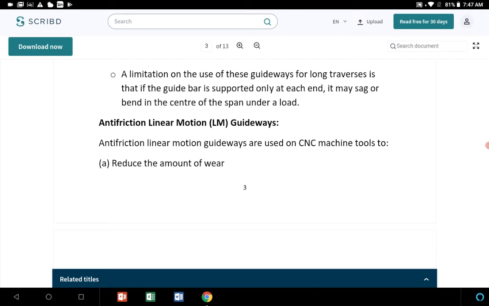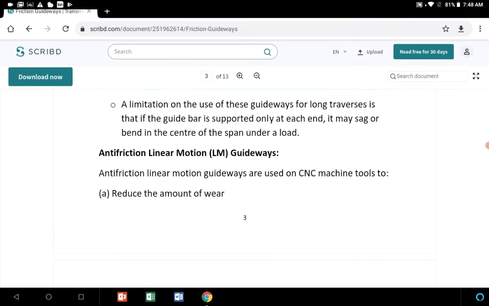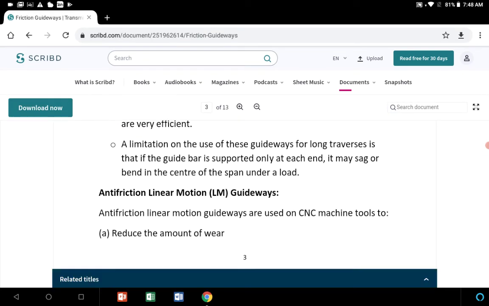Accordingly, anti-friction linear motion guideways are also used on the CNC machine. As compared to the friction guideways, anti-friction linear motion guideways work more smoothly because of the additional elements utilized in this type of guideways, as rollers or ball bearings.